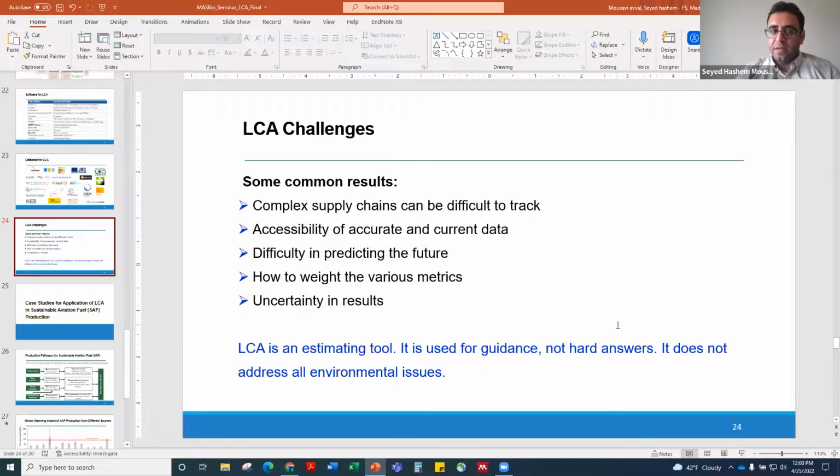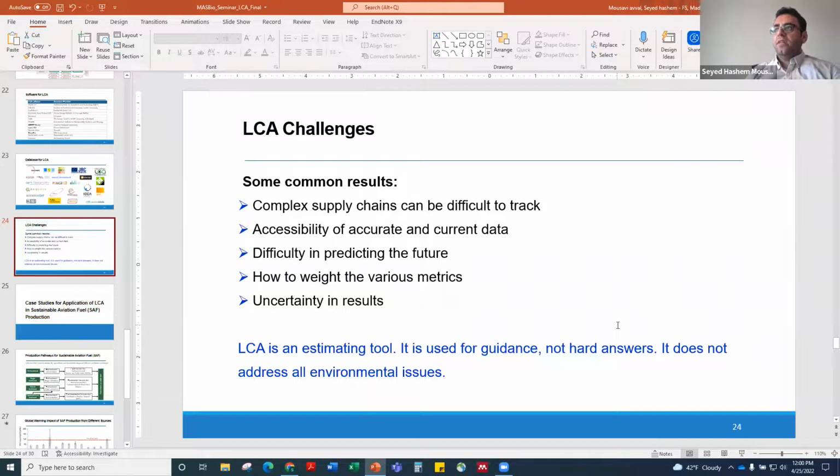But in doing LCA, sometimes we are using average numbers, for example, the electricity grid or other technologies that we use during production. Those data are coming from databases.